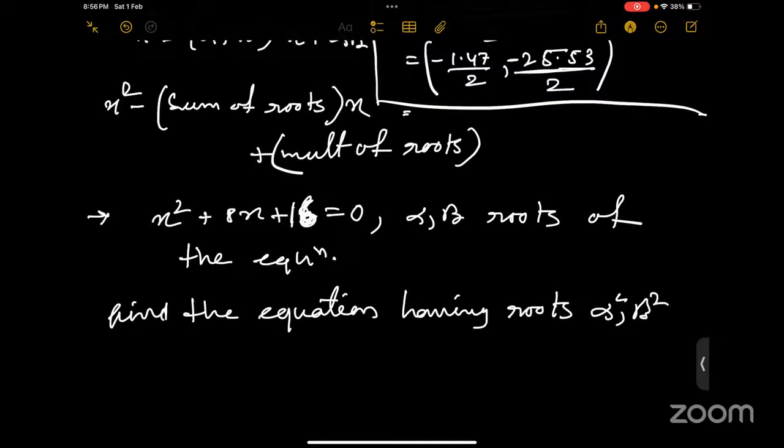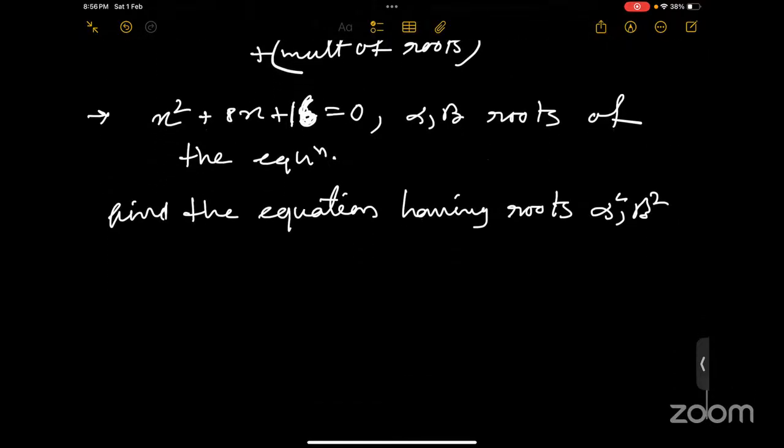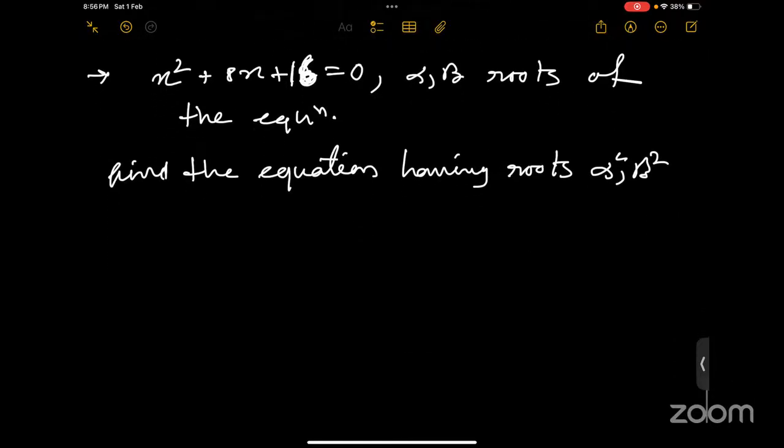So that's the point, right? In that case, you can have the value of alpha and beta, then you can square them, then you have the new roots. Now you can form the new equation, right? So you just try to solve this and let me know what is the answer.